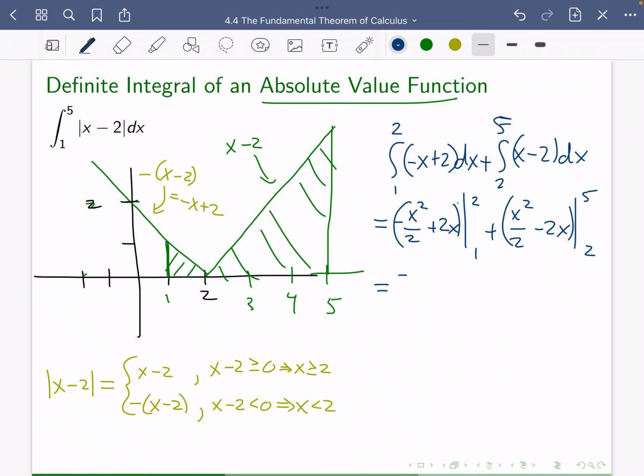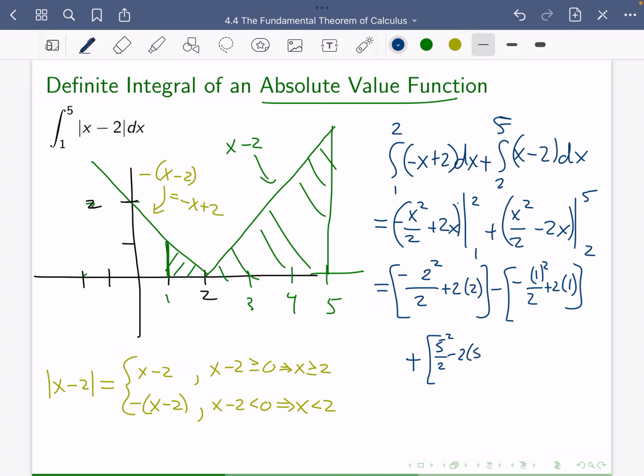So negative 2 squared over 2 plus 2 times 2, minus negative 1 squared over 2 plus 2 times 1, plus 5 squared over 2 minus 2 times 5, minus 2 squared over 2 minus 2 times 2.